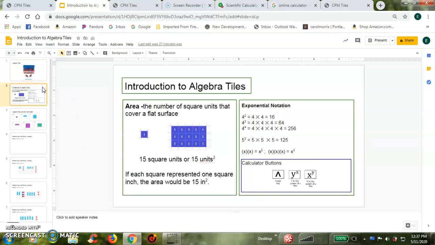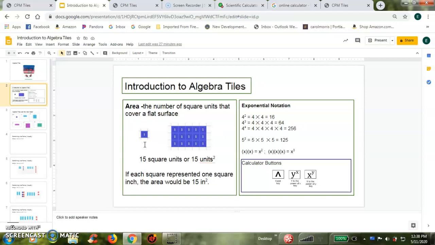What I want to do, though, before I delve into that, is I want to go over a couple of things that are important to remember when you're working with algebra tiles. First, algebra tiles use the area model. So we'll be doing this a little bit more in geometry, but I just wanted to go over area with you real quick. As you can see, area is the number of square units that cover a flat surface.